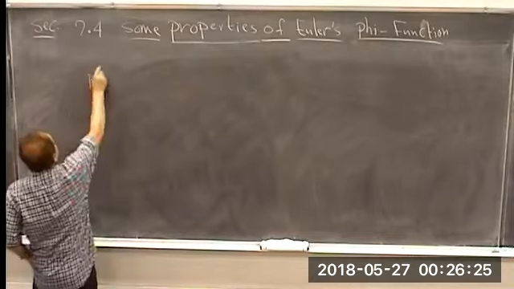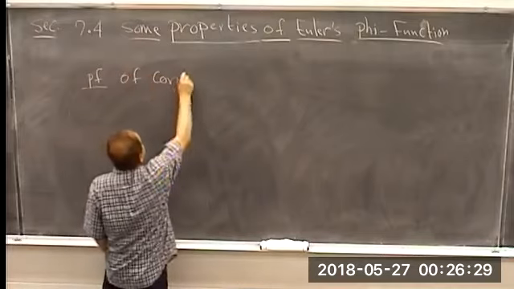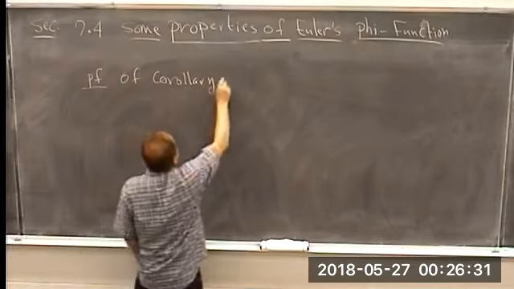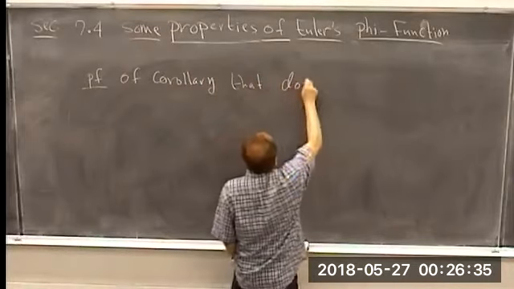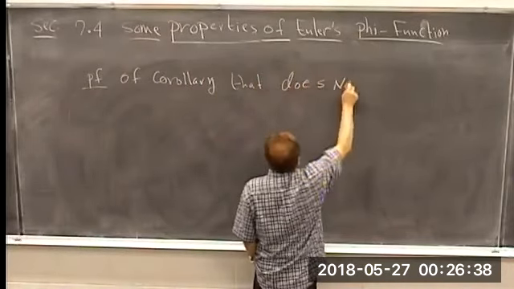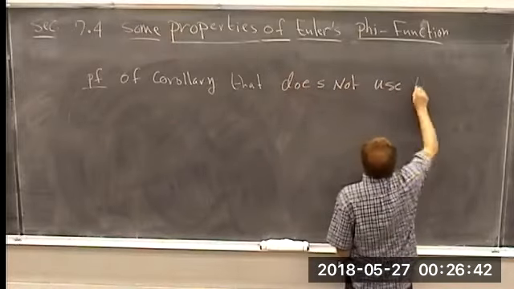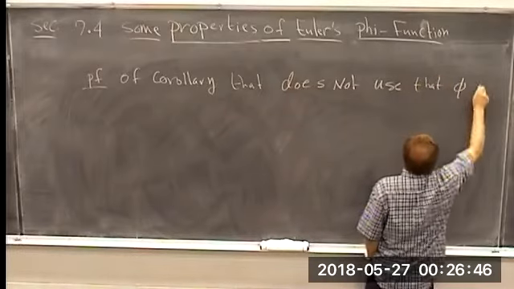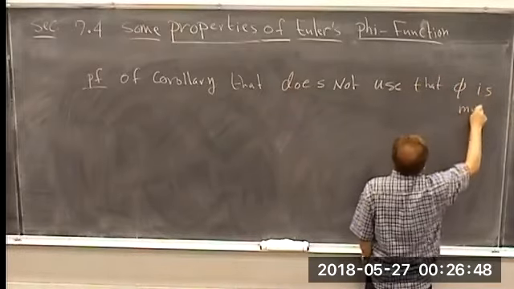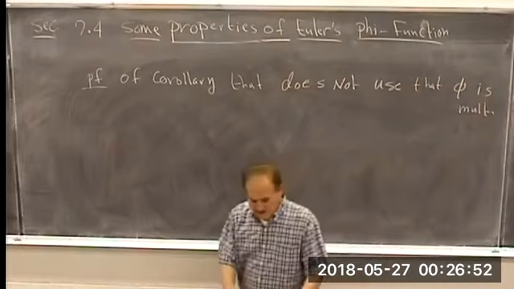There's a proof of the corollary that does not use that phi is multiplicative. It uses that mu is multiplicative.